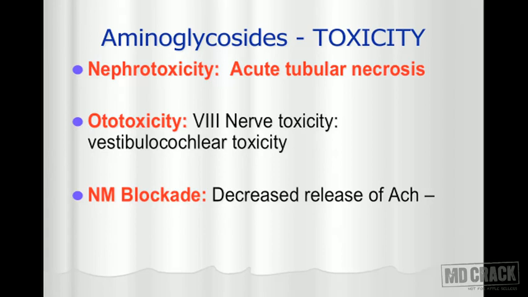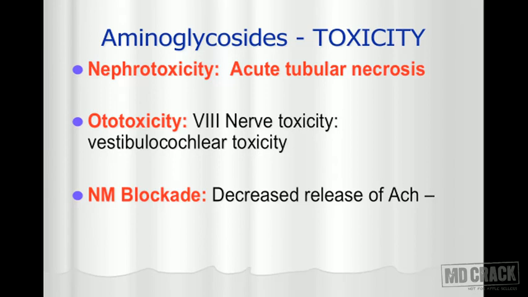The next toxicity is neuromuscular blockade. I hope you remember a substance which is a skeletal muscle relaxant or a nicotinic blocker. It blocks the nicotinic receptor. What do aminoglycosides do? They produce decreased release of acetylcholine.